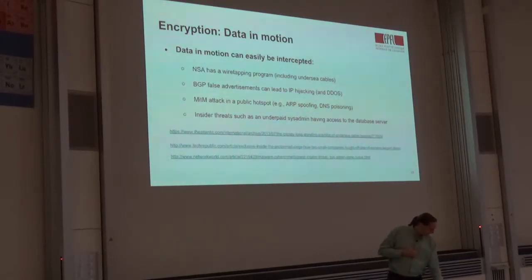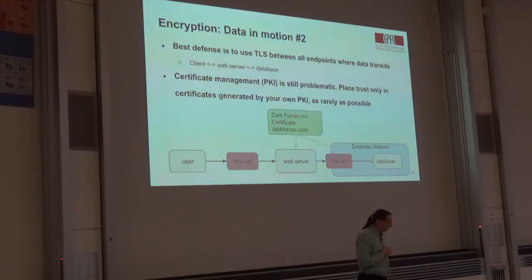That's an example of data in motion. And for this, we usually use TLS. TLS generally works. It's believed to be reasonably secure, at least as long as it's a recent, well-validated version with a solid implementation.